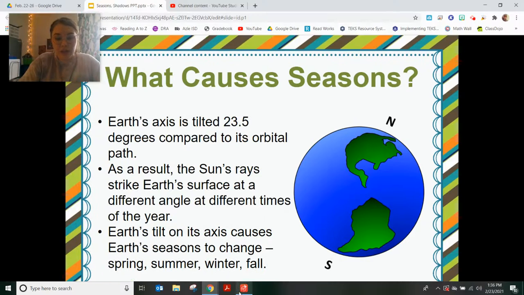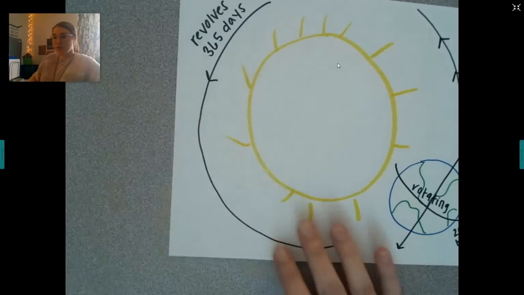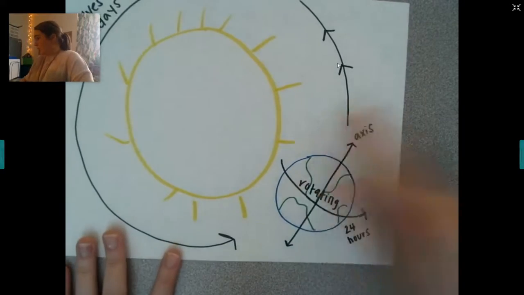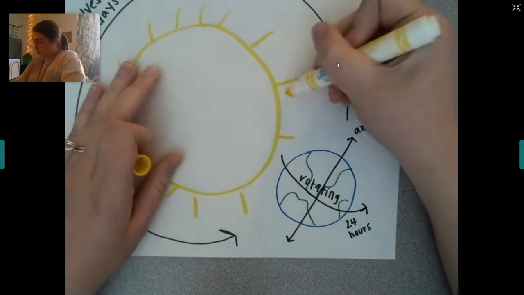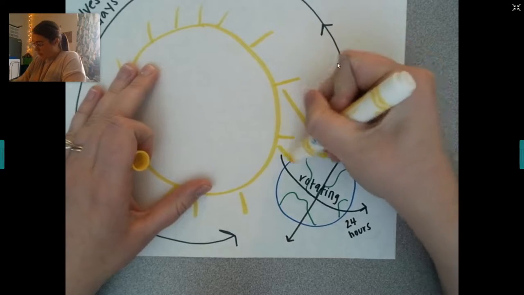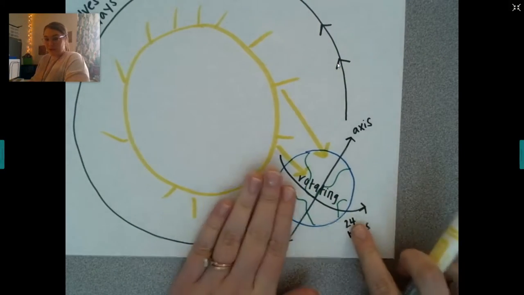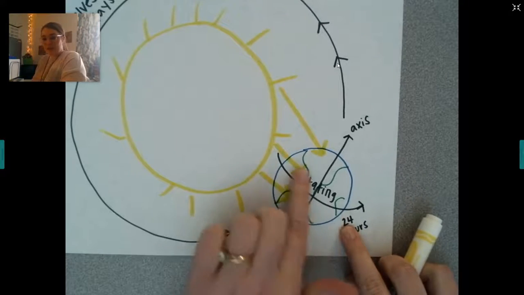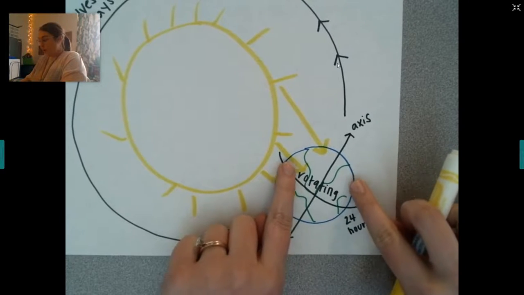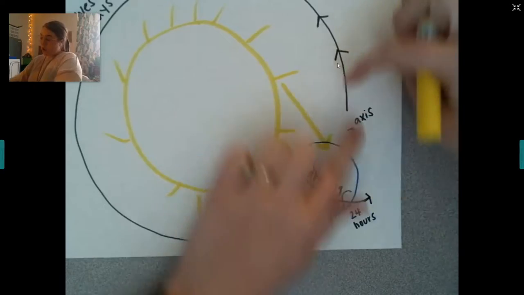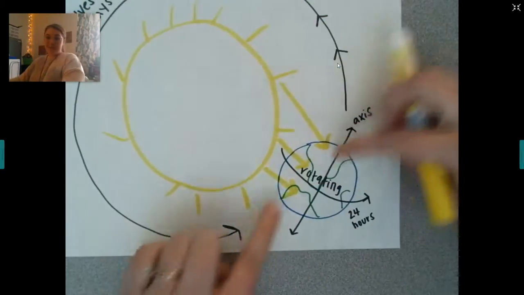So let's look at our anchor chart real quick. So if you're looking, Earth is tilted a little bit. So think, the sun's rays are coming right down here onto the Earth. But when it's going on the other side, or on this side, it's getting more sun at different angles.